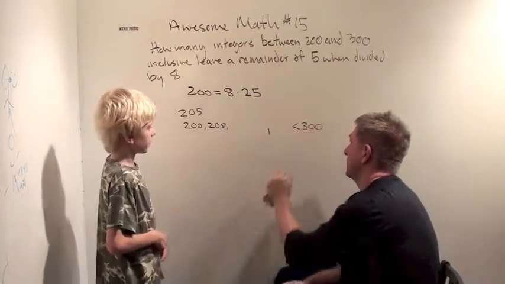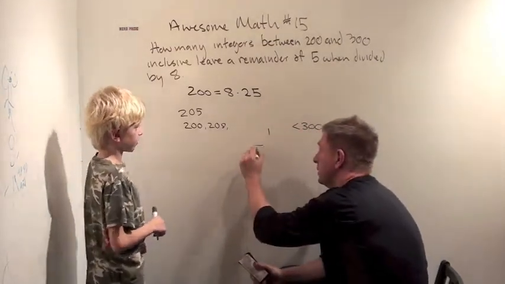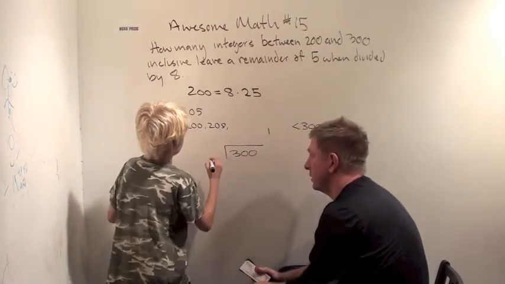We can figure that out by dividing 300 by 8.